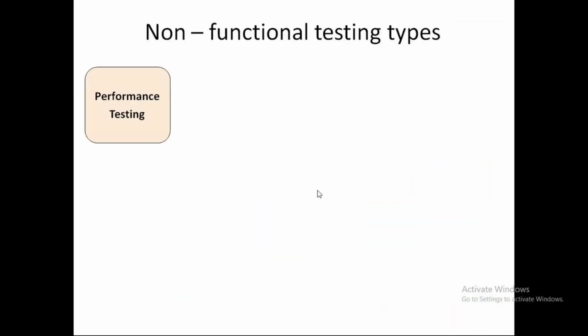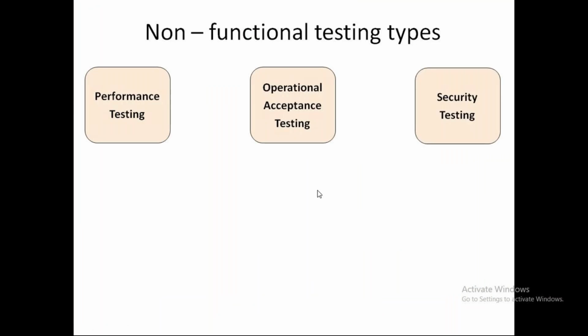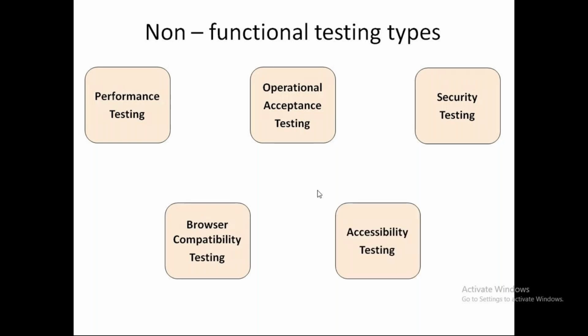So we saw the different types of non-functional testing, that is performance testing, operational acceptance testing, security testing, browser compatibility testing, and accessibility testing. So our focus will be on performance testing. Now, many times the question comes to the mind that we already have a functional testing team who is completely testing the functionality of the application, whether all the scenarios in the application are working fine or not.